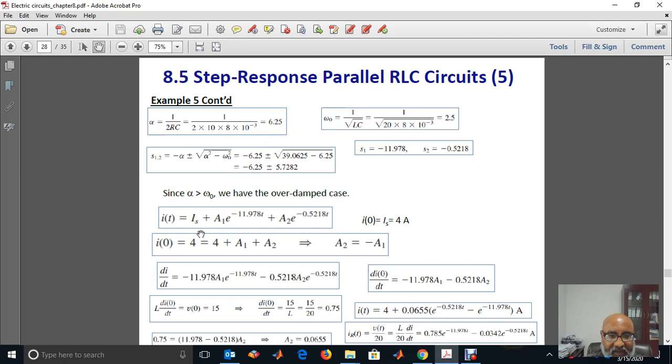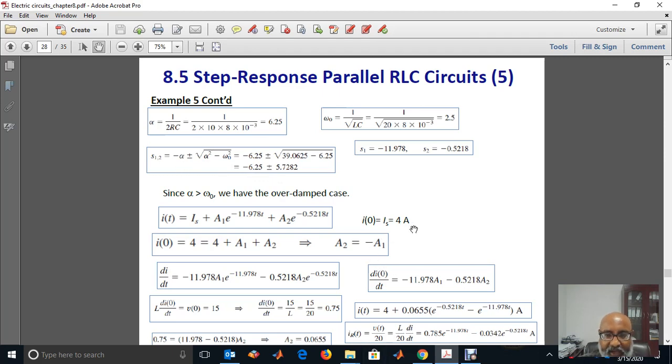Which is, we have I of t is IS, the steady state value, plus the transient, which is A1 e raised to minus S1 t plus A2 e raised to minus S2 t, where S1 and S2 are the two roots found by solving this equation.